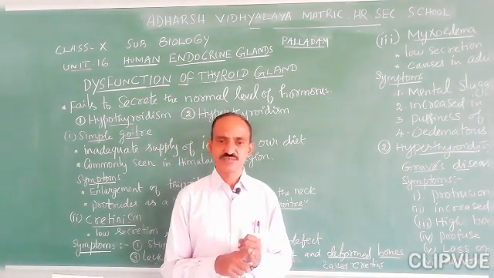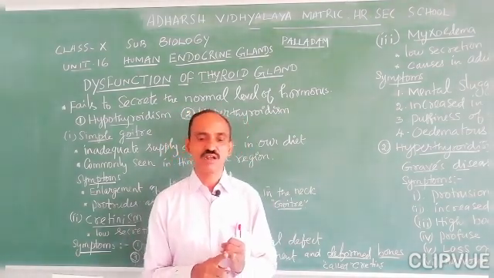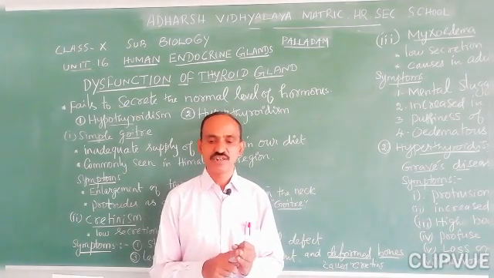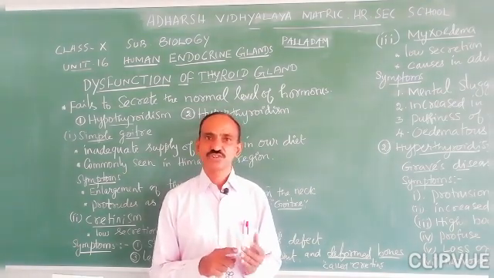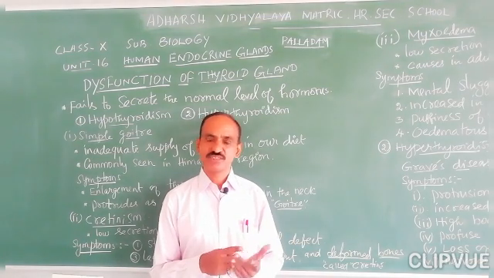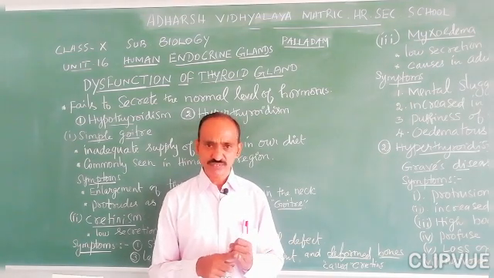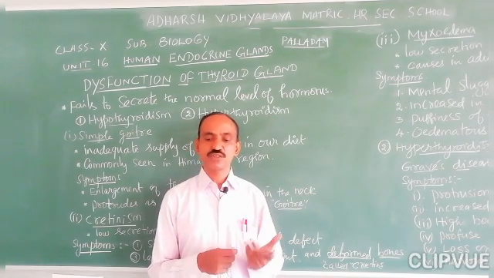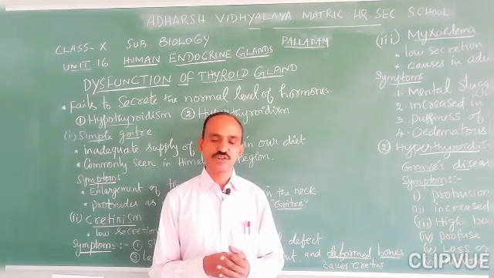First, it regulates basal metabolic rate. Second, it maintains normal body temperature. Third, it controls activities of the CNS, central nervous system. Fourth, it helps for growth of the body and formation of bones.